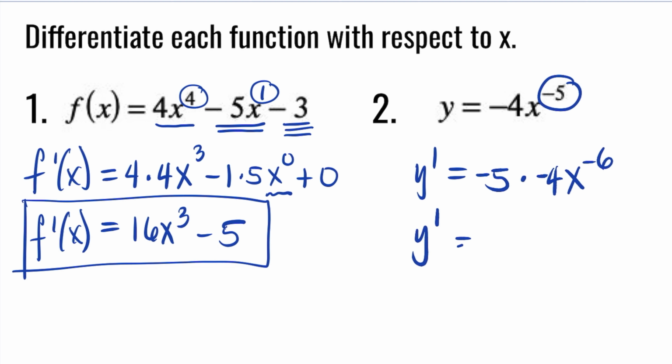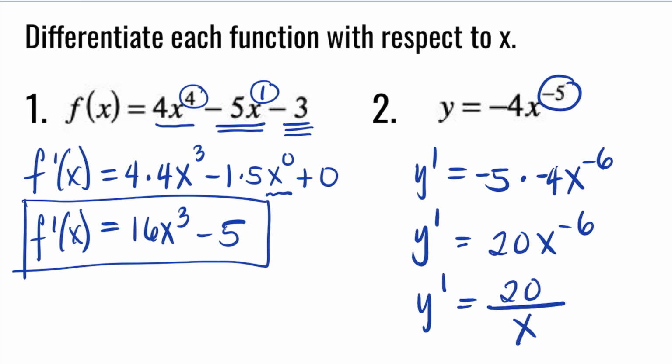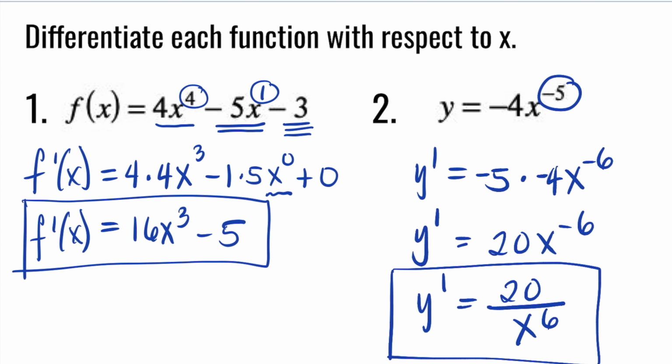Simplifying this, we will have positive 20x to the power of negative 6. Writing this with a positive exponent, we will have 20 over x to the power of 6. So the answer for number 2 is 20 over x to the 6.